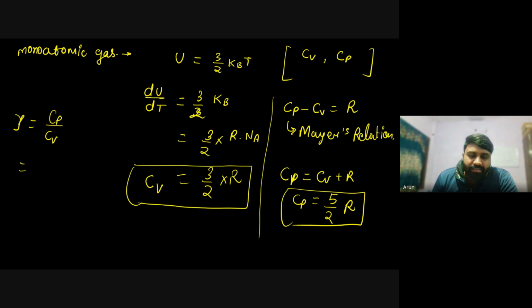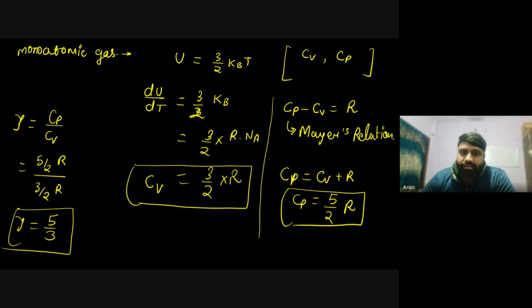Cp here is 5 by 2 R, Cv here is 3 by 2 R. So gamma becomes 5 by 3 for a monoatomic gas. This is the way you can calculate it. Got it?